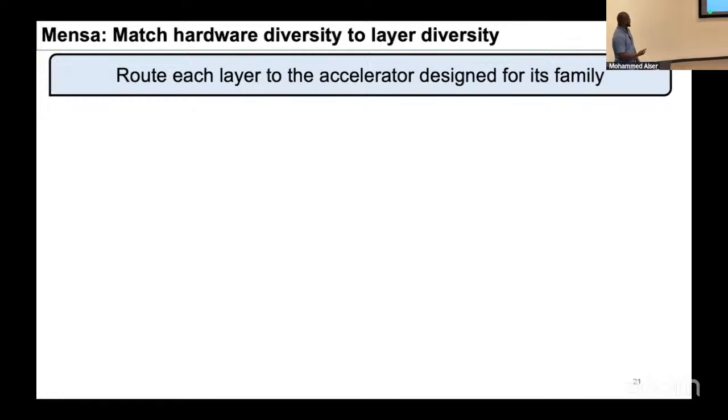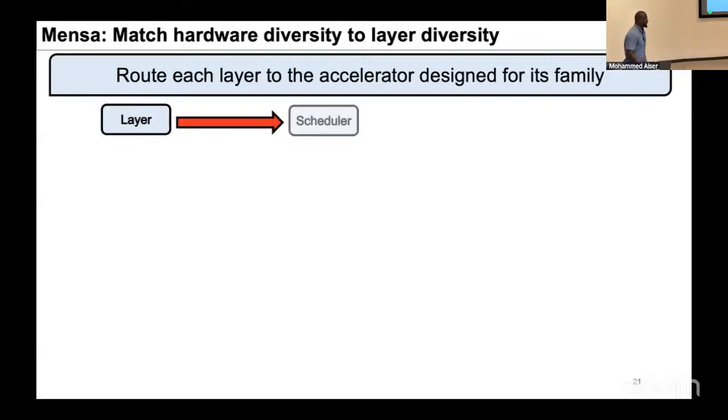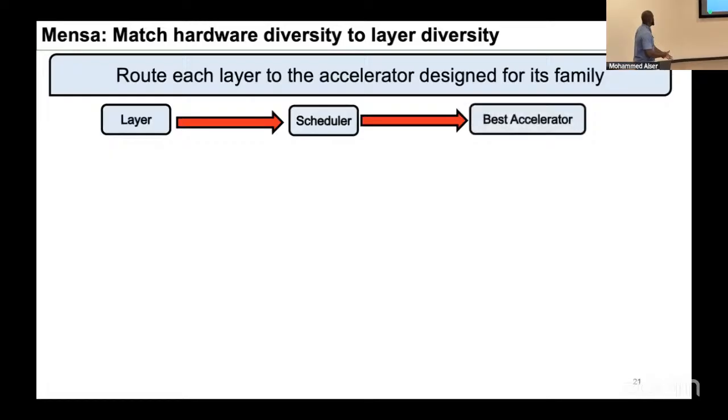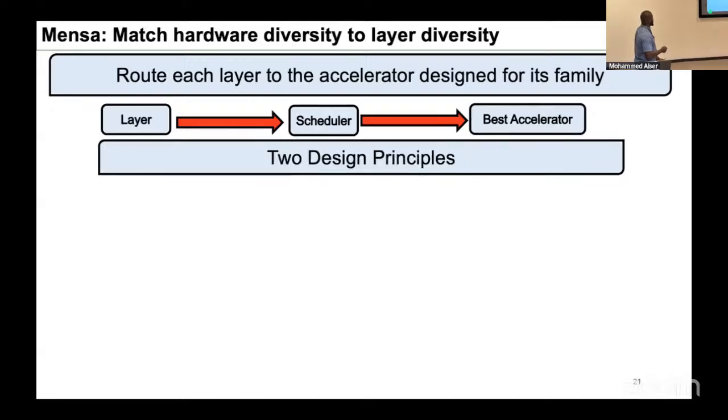Mensa is a framework that routes layer families, or layers in a neural network, to an accelerator designed specifically for that family. To give a more visual context, different layers are sent to a scheduler. The scheduler matches the layer to the best accelerator for that particular workload. Sorry, I need to drink water.